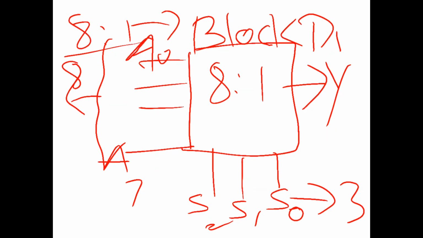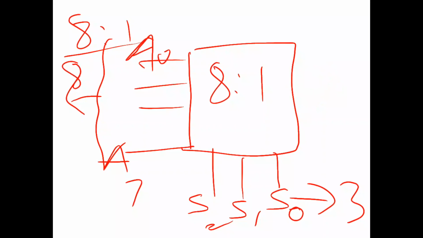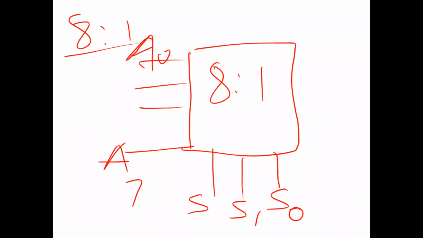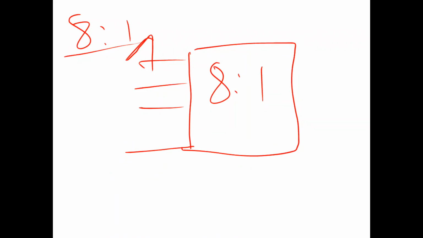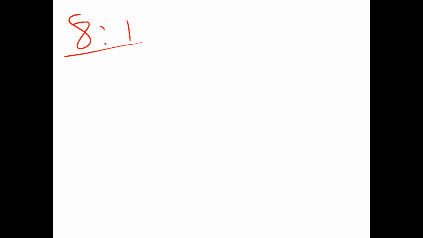Now you can see here, one can even write the truth table of this 8 by 1 multiplexer, just like the 4 by 1 and 2 by 1.